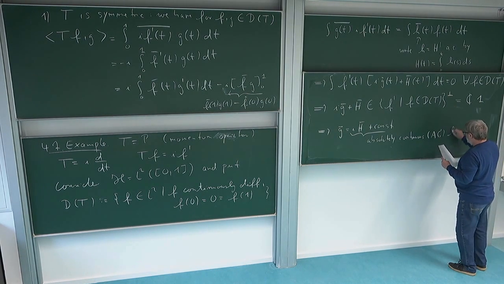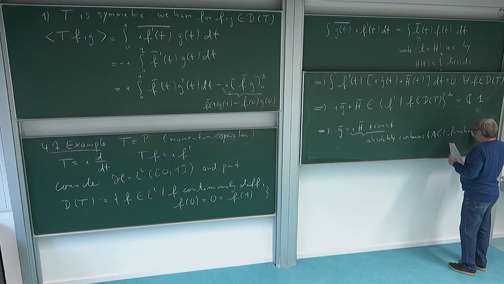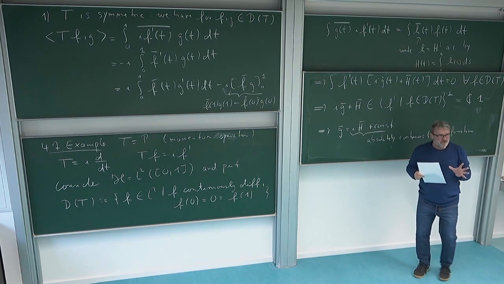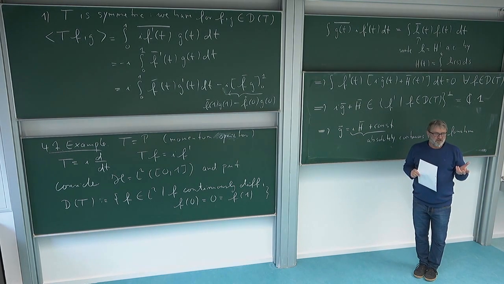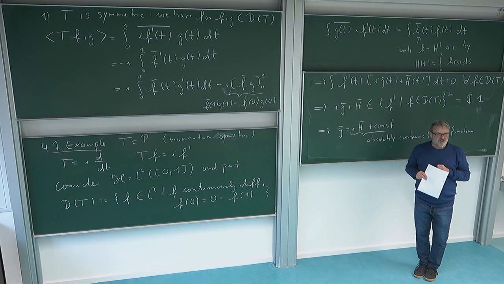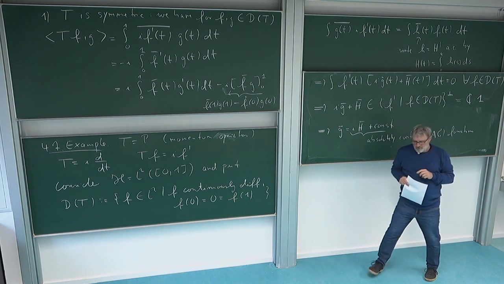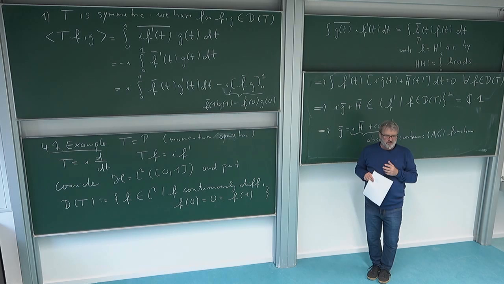So absolutely continuous functions are continuous functions, but they have a stronger property. Absolute continuity is stronger than continuity, but it's exactly the right property which ensures that the function is differentiable almost everywhere, and that you have the fundamental theorem of calculus: if you integrate the derivative of this function, you get back the function.